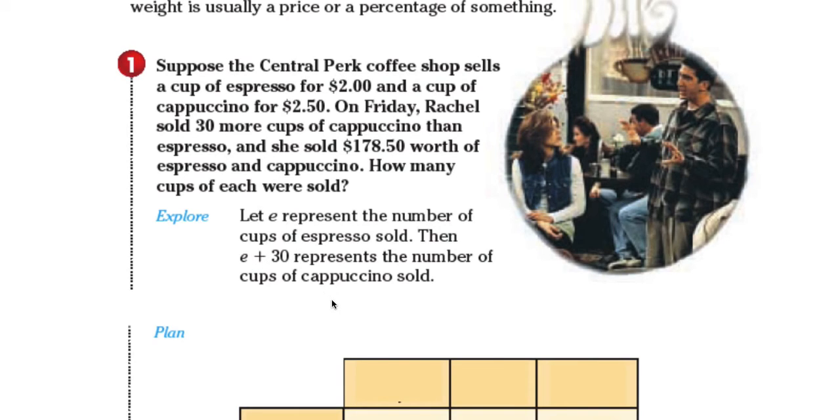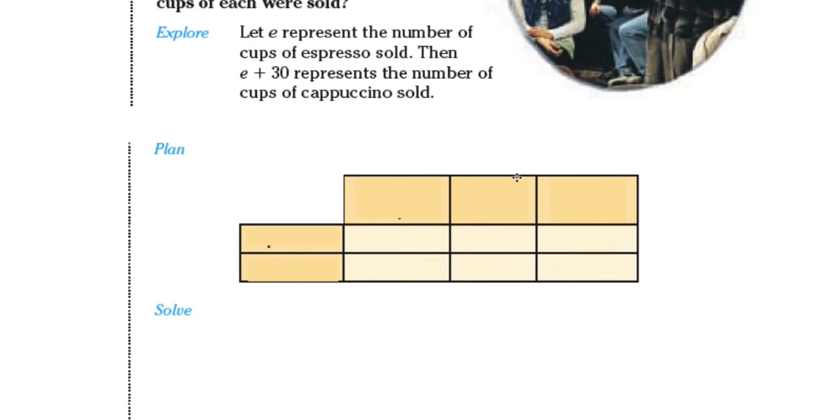After we have done our let statement, we need to create an organizational chart such as the one that you see here. In our organizational chart, we need to create a formula, which simply means that the number of cups multiplied by the price per cup should equal the total price.